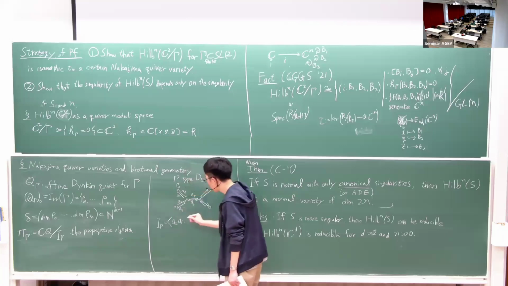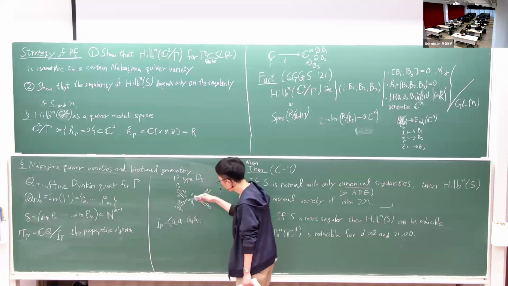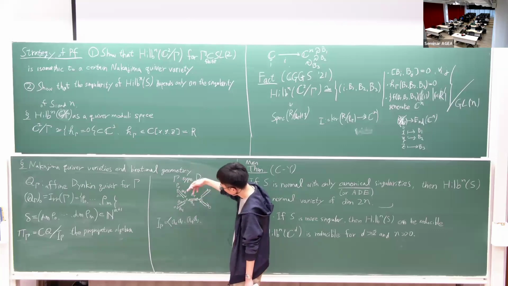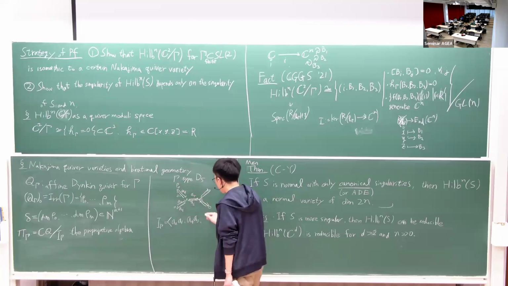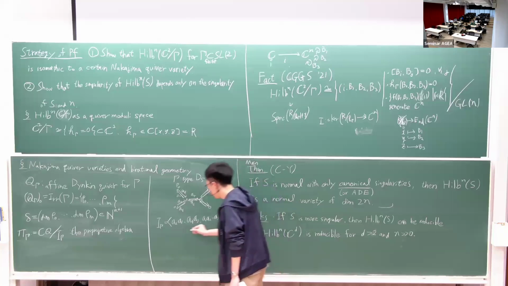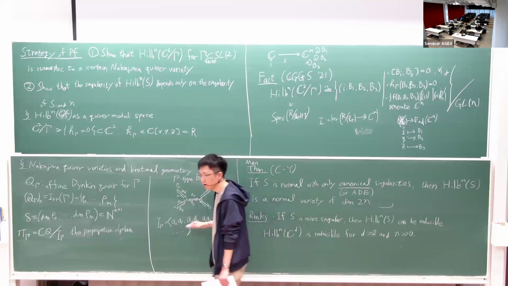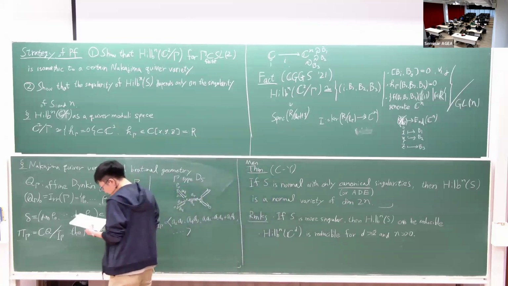And for this vertex, a3 a4 a3. And for this vertex, we consider all the cycles of length 2 with certain signs. So in this case, a1 a2 minus a3 a4 plus a5 a6, and so on. So this is the definition of the preprojective algebra.